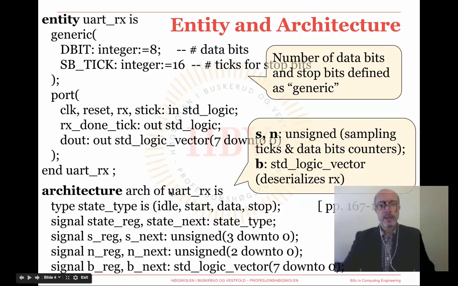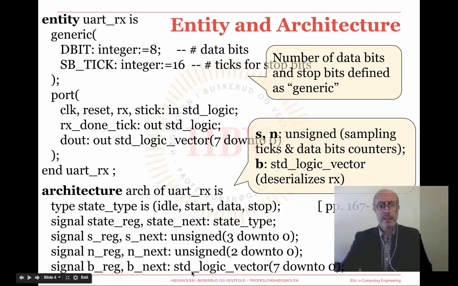Notice that the counter signals at the bottom in the architecture body, both the sampling ticks counter and the number of data bits counter, have to be declared as unsigned, since we need to perform arithmetic operations over these signals.